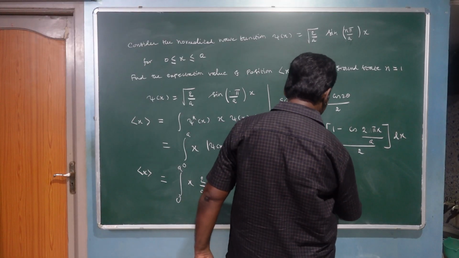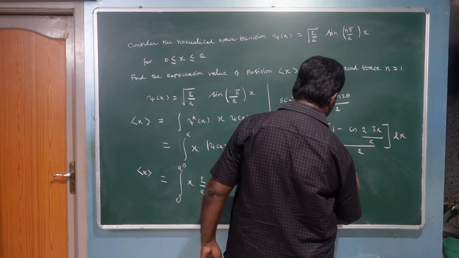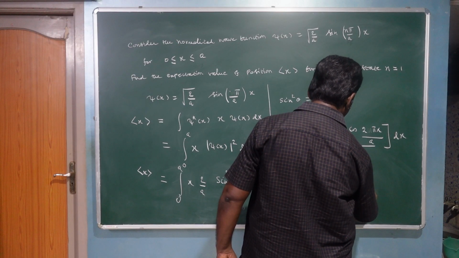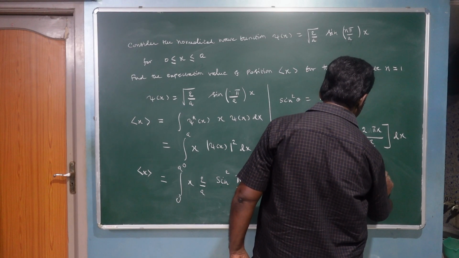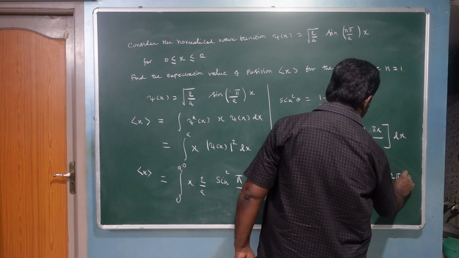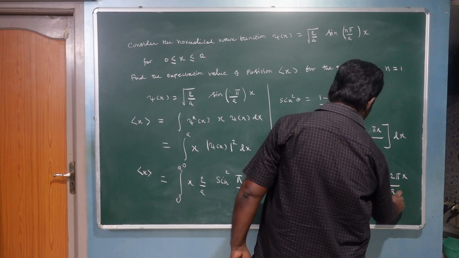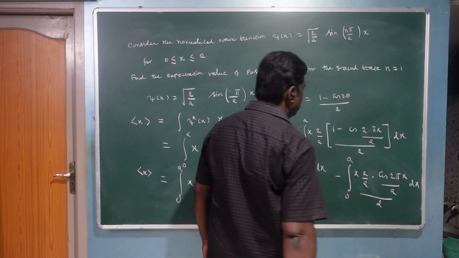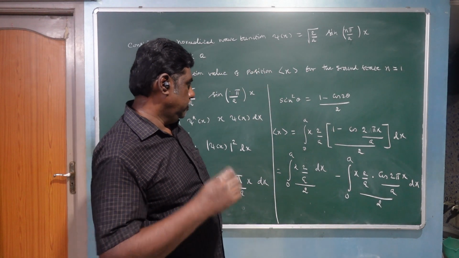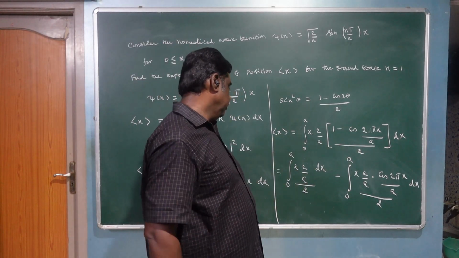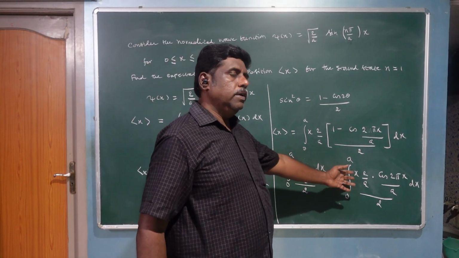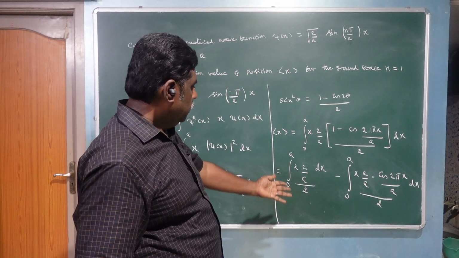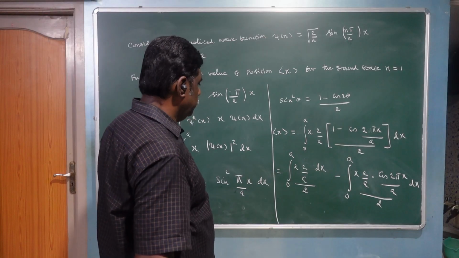Then minus the integral from 0 to a of x into 2 by a into cos 2 pi x by a, whole divided by 2, into dx. This is the second integral. If you evaluate the second integral, the value is 0. Just concentrate on the first integral.